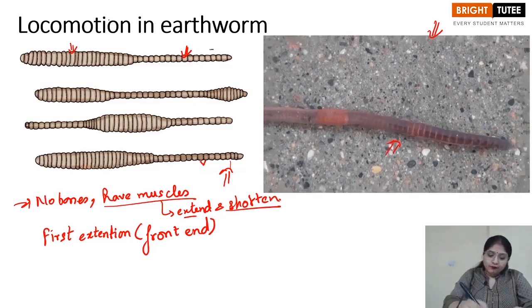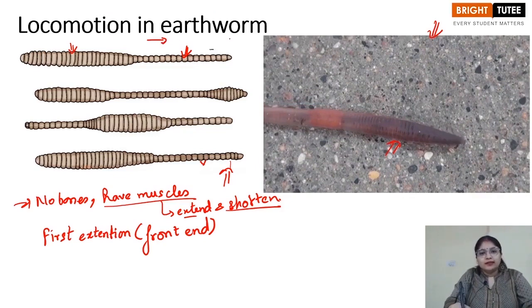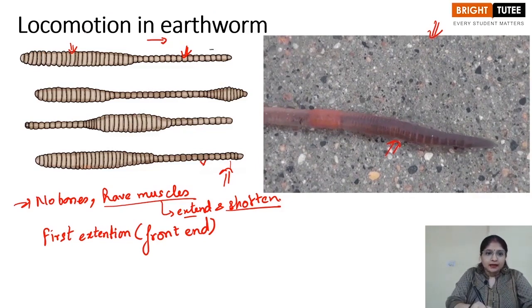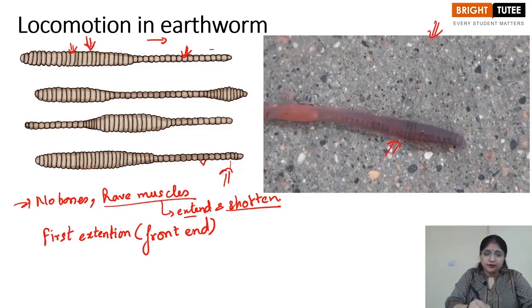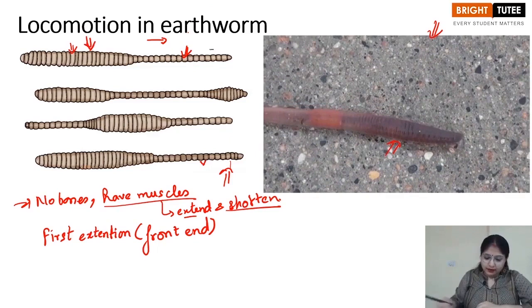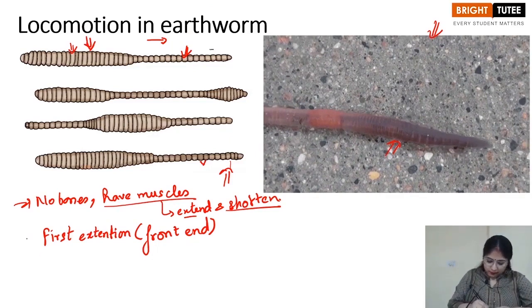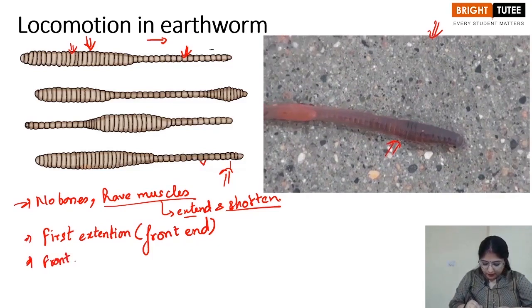So the first part extends towards the direction of the motion, and the rear part is fixed. Now, once the extension has happened, the front end gets fixed.